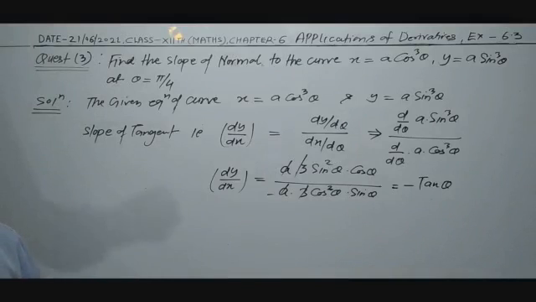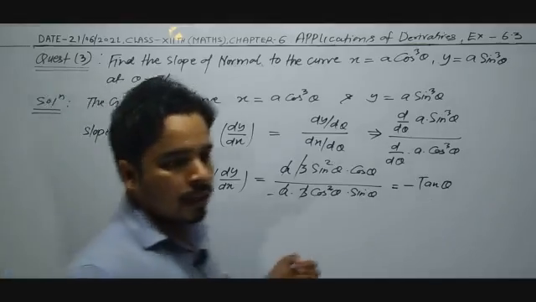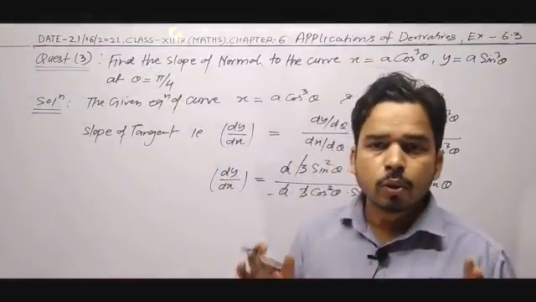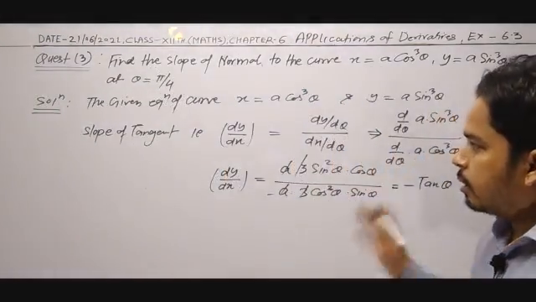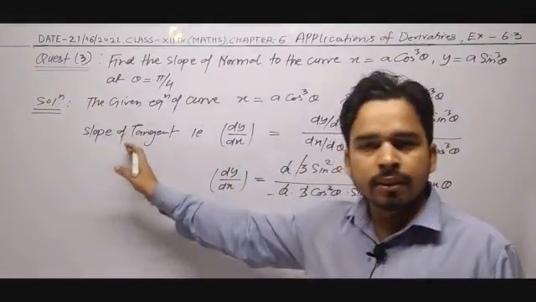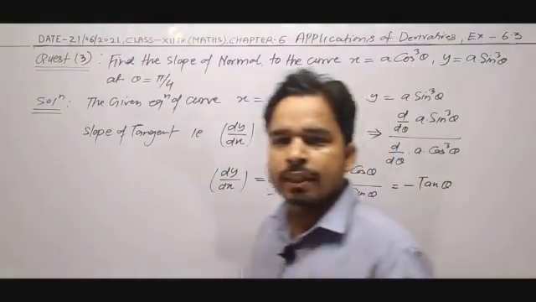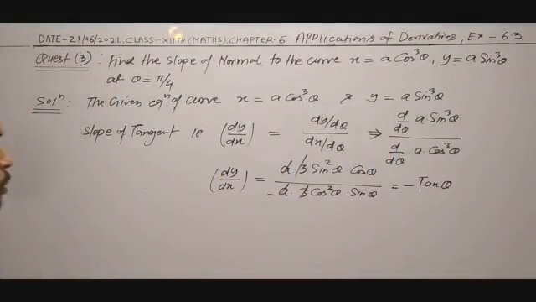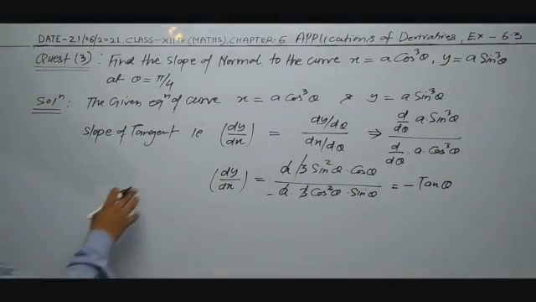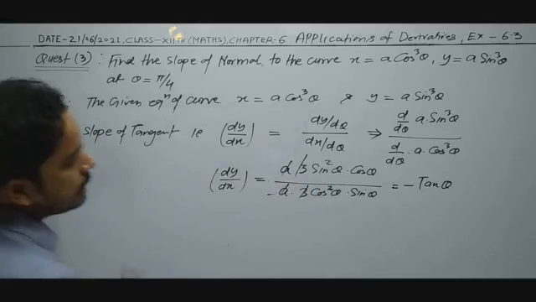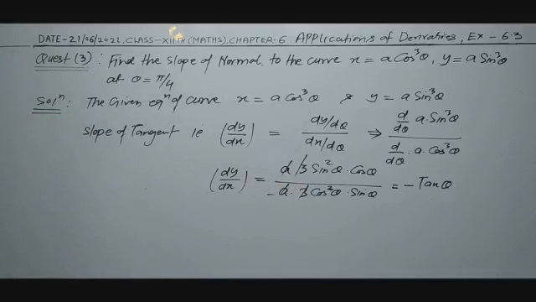Therefore, how do you calculate the slope of normal? You know the slope of tangent and the slope of normal: if you take the product, you will get the result -1. So this is the slope of tangent, that is minus tan theta.